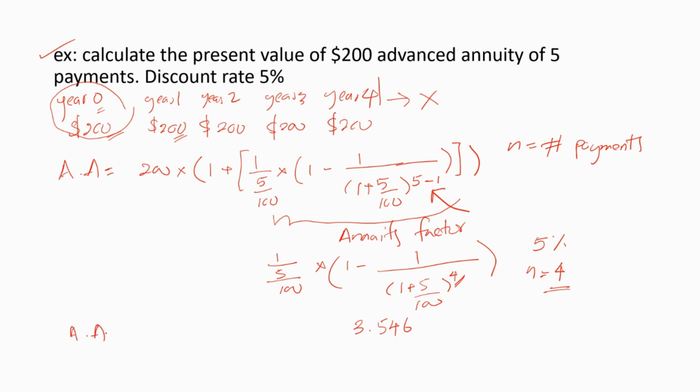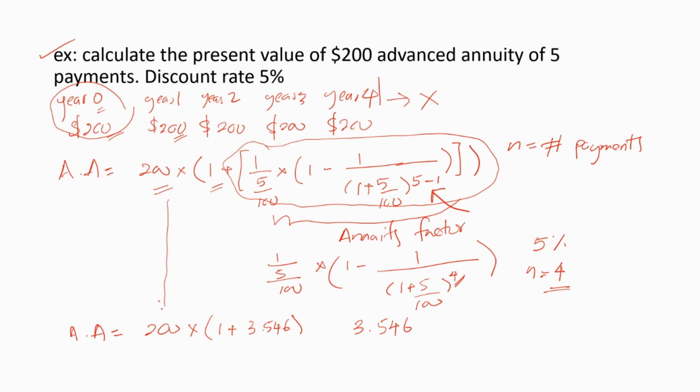So advanced annuity equals 200 multiplied by 1 plus the annuity factor 3.546, because we already found the value for this part of the formula. This is the annuity factor. The only segments we have left are 200 and this one.